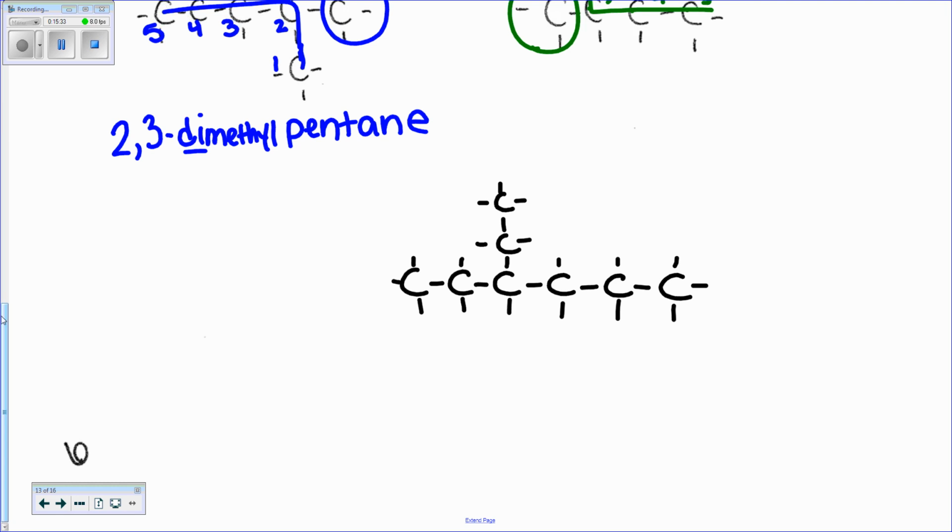Okay, let's try to find our longest chain. So you would use your finger, see how many you can touch. I think it's 6. I think that you could either do that and get 6, or I can do that and get 6. Doesn't really matter, so I'm going to use the regular one. So I also see I have this hanging off.